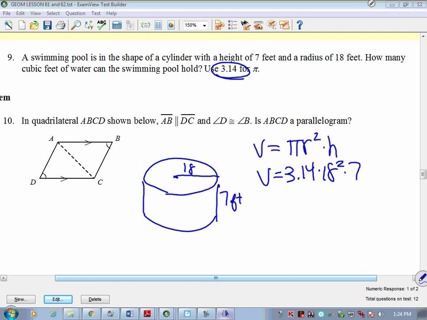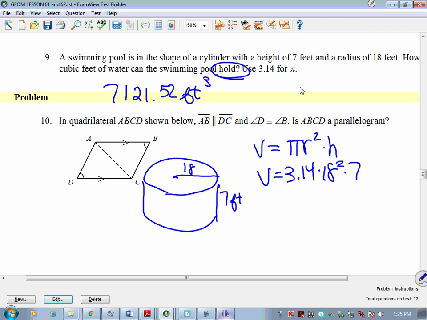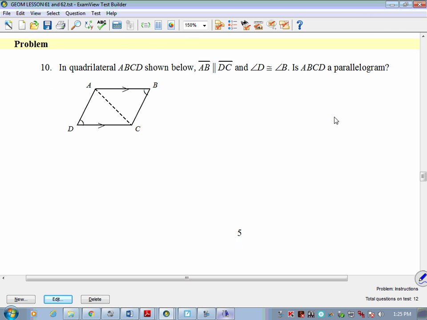So 3.14 times 18 squared times 7 comes out to 7,121.52 feet cubed. That's a lot of water. They did not say how far to take that, so that's how far we're going to take it. 7,121.52 feet cubed.